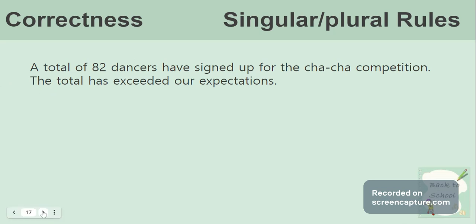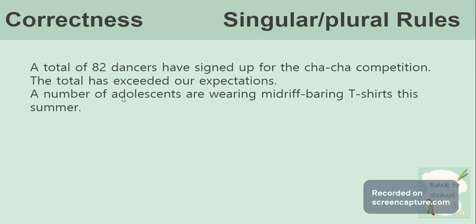Okay? Next one. A number of adolescents are wearing midriff bearing t-shirts this summer. So for this one, a number, some of the adolescents. And adolescents means to say they are many, there are some, and they are taken as separately, not as one.